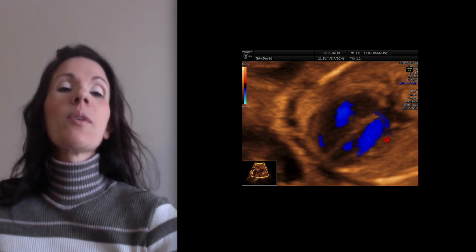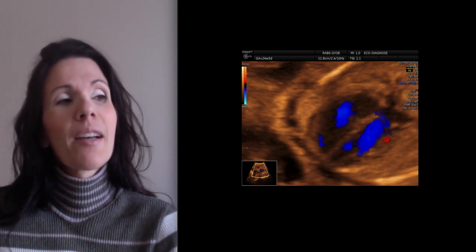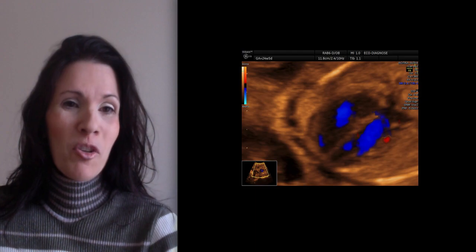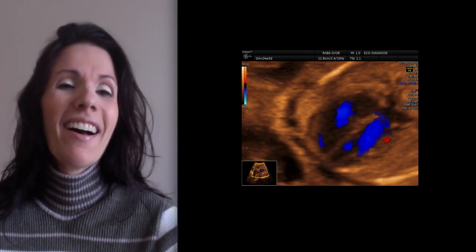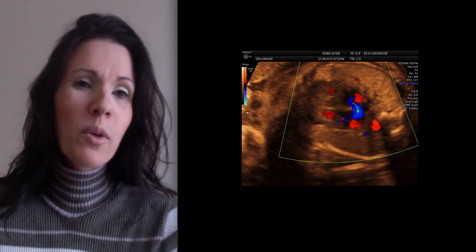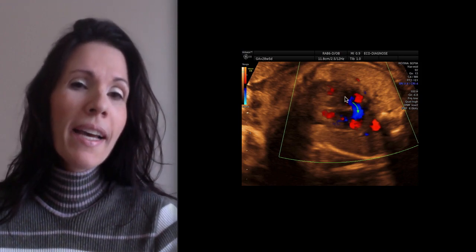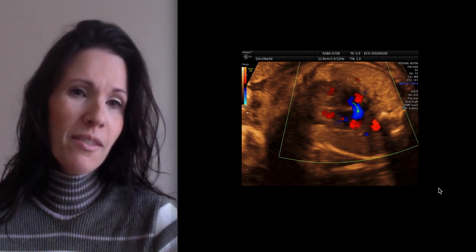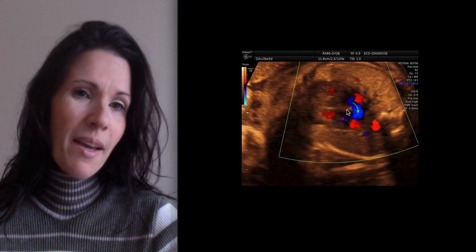And I thought, okay, with that previous image, I could think about persistent left superior vena cava, because of this hint. And this is a normal foramen ovale with flow from right to left side, in this direction, and the integrity of the septum.